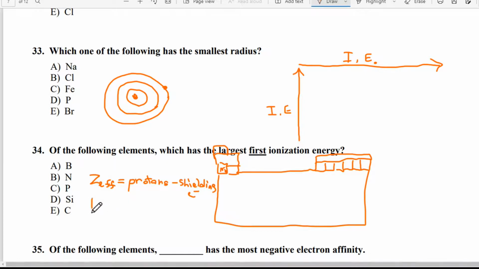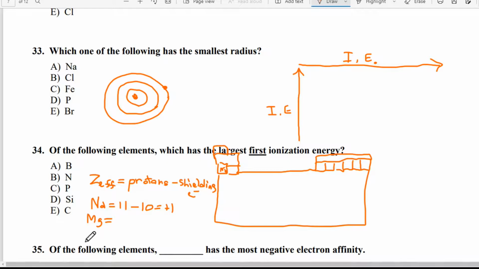So only the inner shell electrons are capable of shielding. With sodium, the number of protons it has is 11, and the shielding electrons it has is 10. So that gives you an effective nuclear charge of +1. The number of electrons in the previous noble gas is the number of electrons in the inner shells.